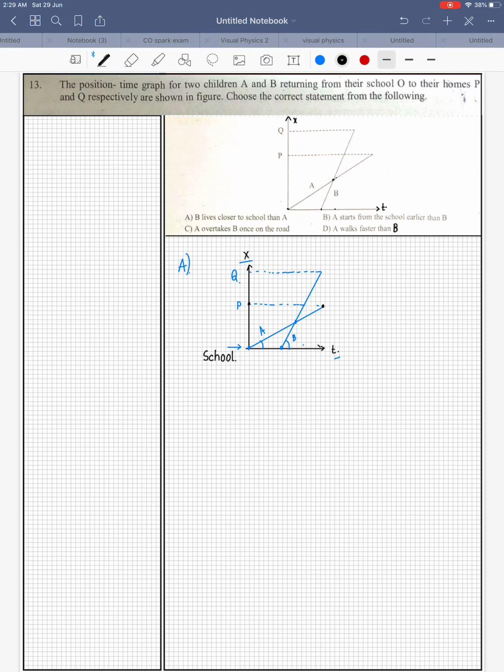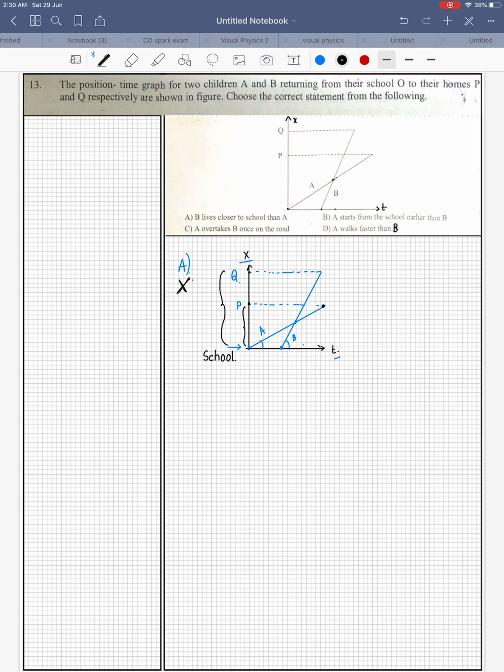P is the home of A, and Q is the home of B. So from school, the displacement of A, P, is lesser than the displacement till Q. That means A lives closer to school than B. So option A is not possible.